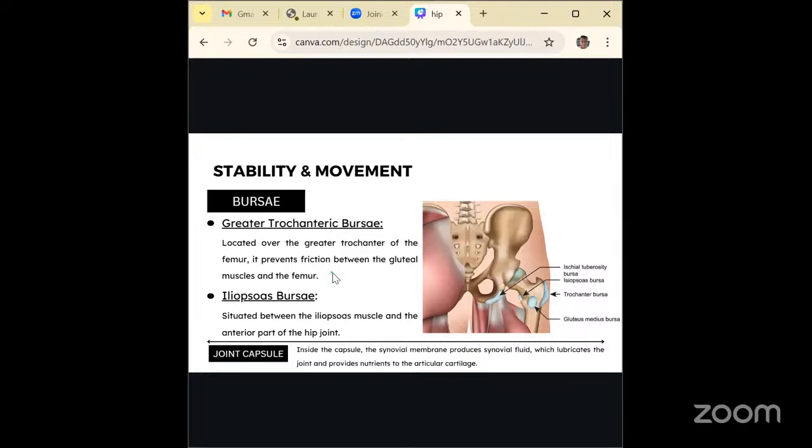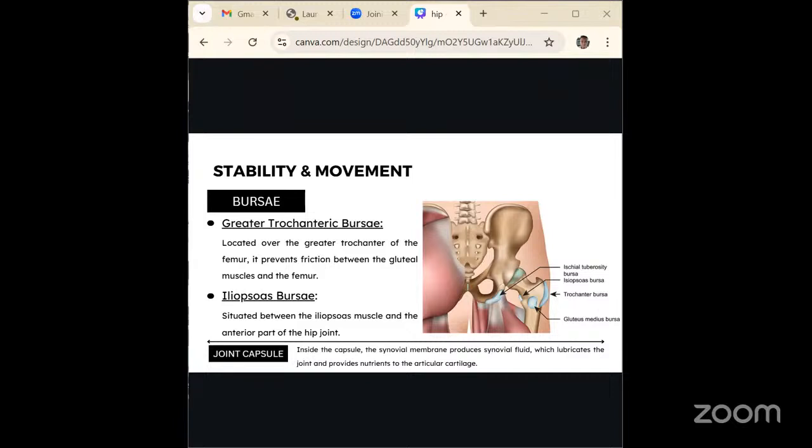What's a bursa? Can someone help me and define a bursa? Let's see if we've been reading ahead. Someone in the comment section, or someone can unmute themselves. Someone that is hearing me. When you hear the word bursa, what's it all about in a joint or wherever you heard it? I'll point at people if no one is saying anything.